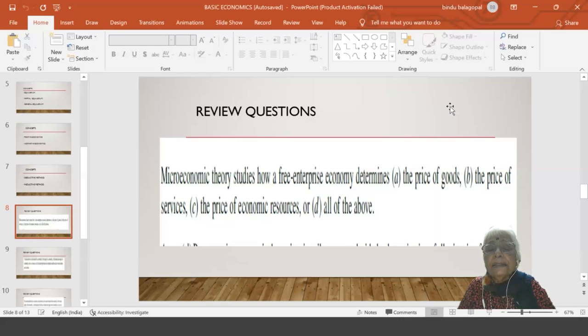Microeconomic theory studies how a free enterprise economy determines the price of goods, the price of services, the price of economic resources, all of them. We haven't actually explained what the free enterprise economy is, but of course, the laissez-faire economy, free enterprise economy, it's assumed that we know it.